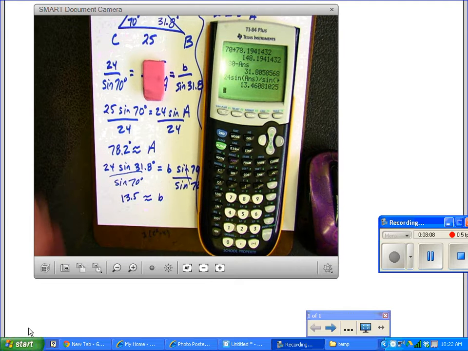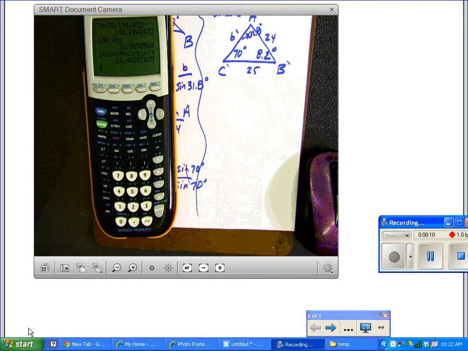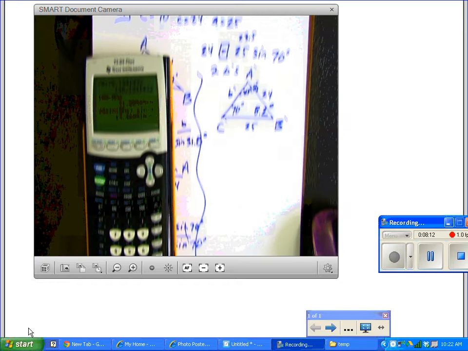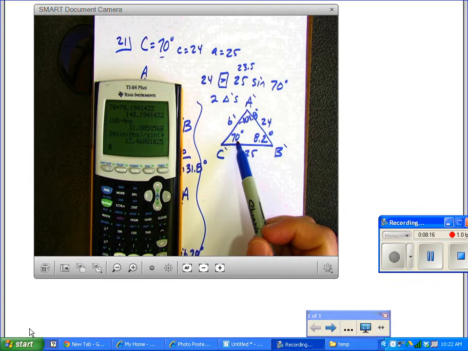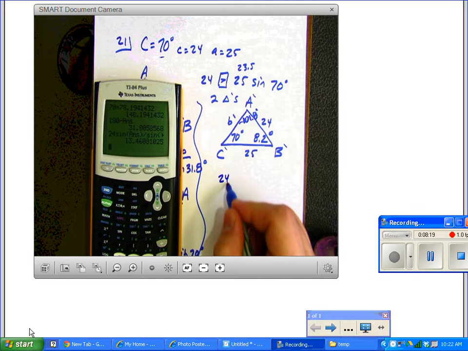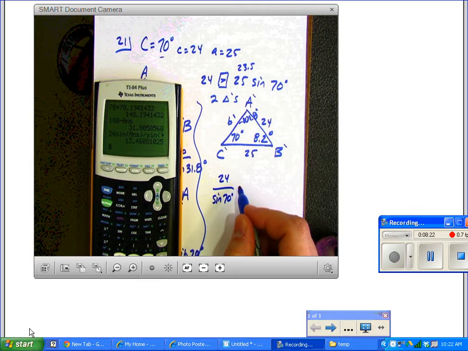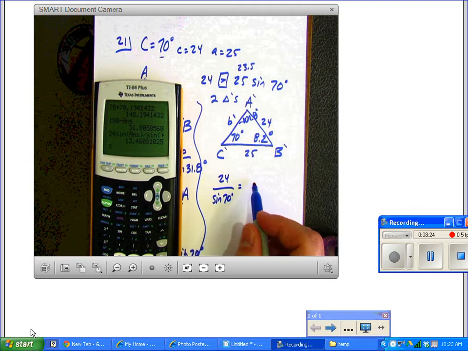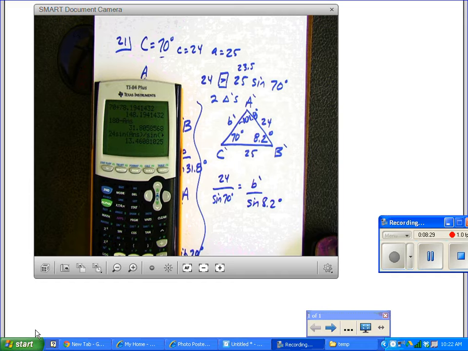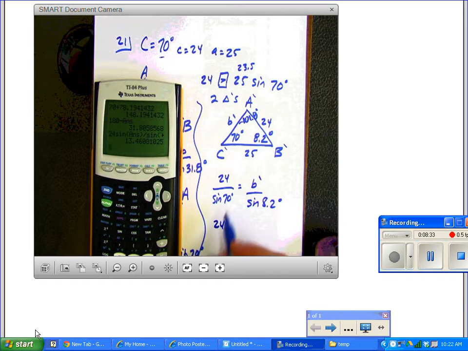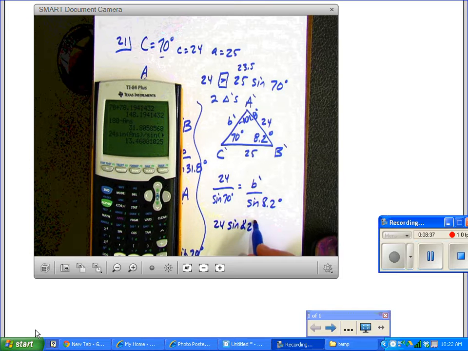Now let's go over here and find little b prime. Let's use that same ratio for the c's. 24 over sine 70 equals, now let's set up this ratio, b prime over the sine of 8.2. Let's cross multiply. So 24 times sine of 8.2 equals b prime times sine 70.